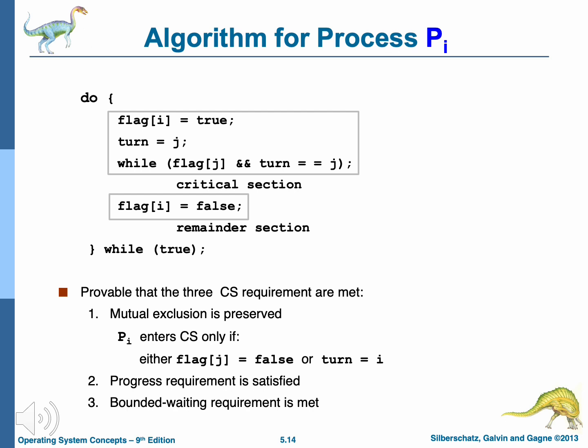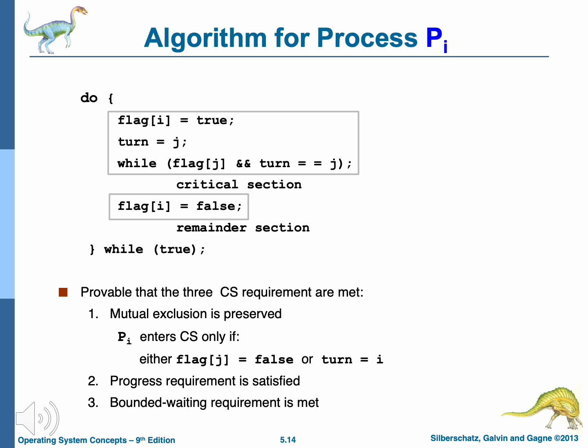If turn is equal to i, then Pi will enter the critical section. If turn is equal to j, then Pj will enter the critical section. However, once Pj exits its critical section, it will reset flag[j] to false, allowing Pi to enter its critical section.